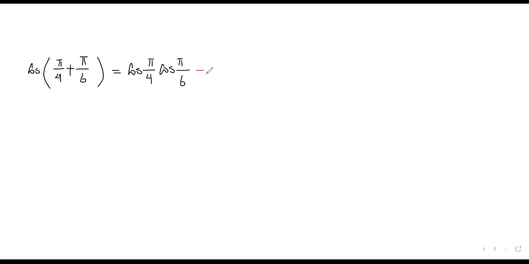Minus, then sine of pi over 4 sine of pi over 6. Now, the rest of it is as easy as a piece of cake. Pi over 4 is equivalent to 45 degrees, and pi over 6 is equivalent to 30 degrees. They are the celebrities of trigonometry, and we know their values.